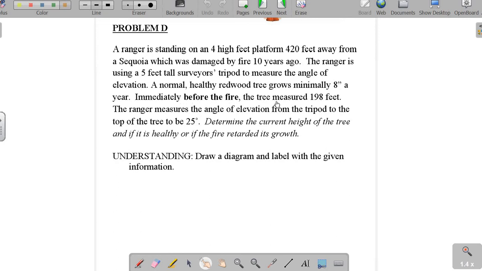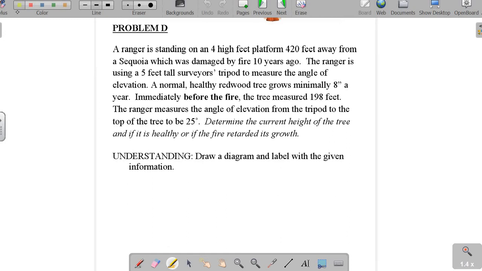Immediately before the fire, the tree measured 198 feet. The tree ranger measures the angle of elevation from the tripod to the top of the tree to be 25 feet. Determine the current height of the tree and if it's healthy, or if the fire retarded its growth.